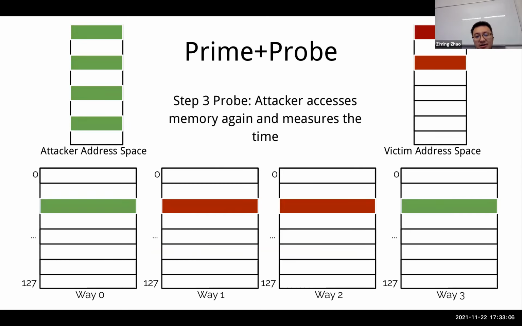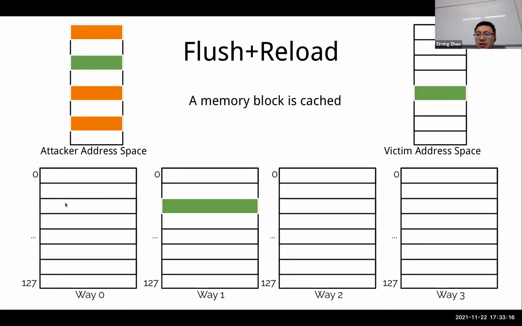This approach is not very accurate because everything is done at the cache set level. There is another, more fine-grained approach called flush and reload. I think this one works on Intel, and we can do it at the cache line level instead of the cache set level.